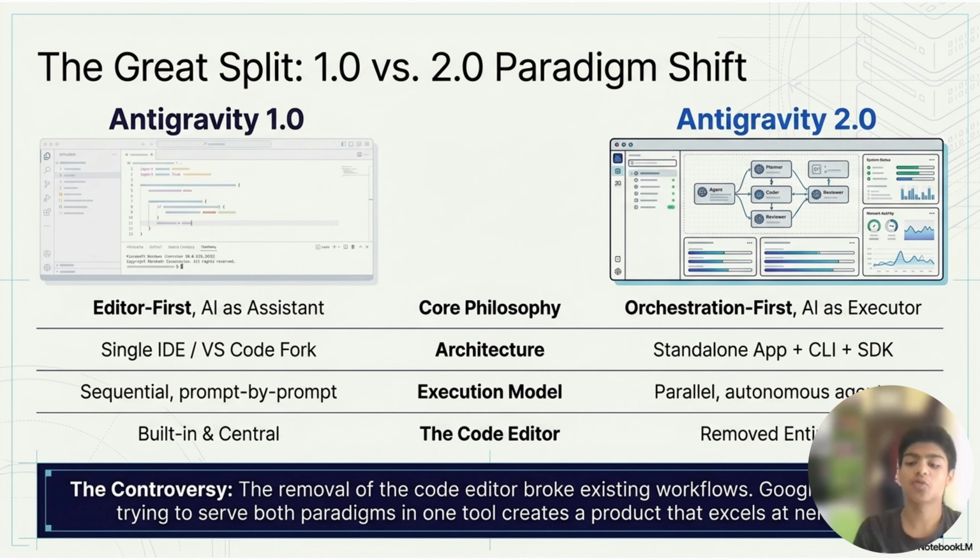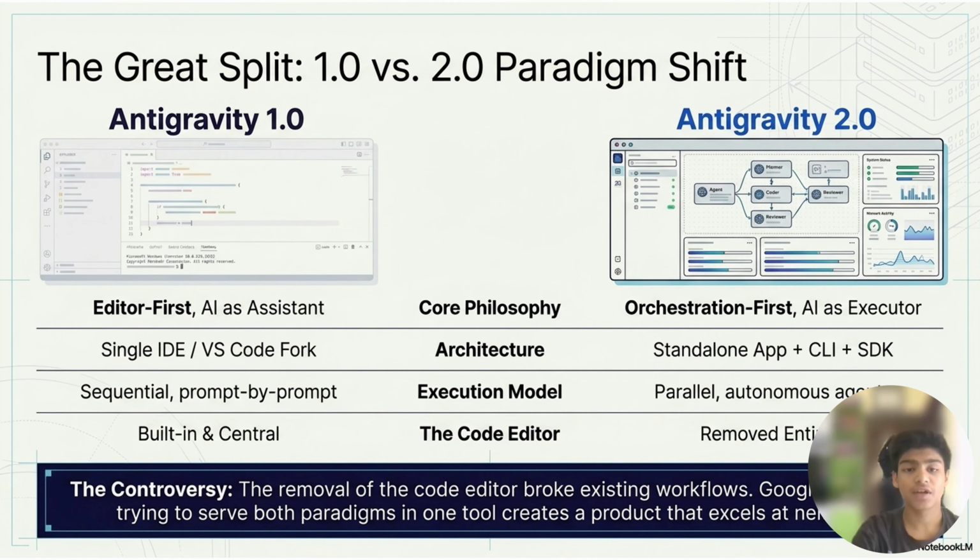Antigravity 2.0 is parallel, you can edit it anytime, and it is fully autonomous. And this is the feature that I like the most: the code editor was built in and central, it removed the entire editor, so it was editing by itself.